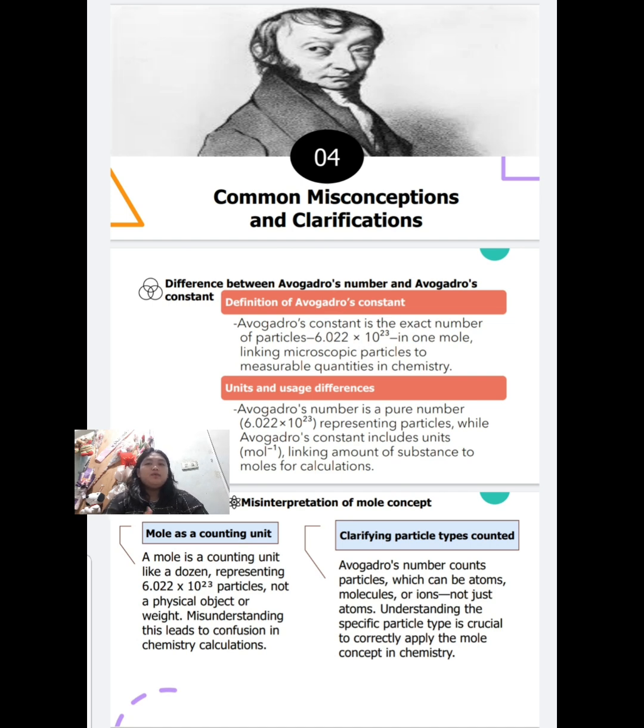It also allows precise calculations and helps scientists understand the composition of substances accurately. From the historical background naman, Amedeo Avogadro is the one who introduced the Avogadro number in 1811. He helped scientists understand the number of particles in 1 mole, which is very crucial for studying chemistry at the atomic level.